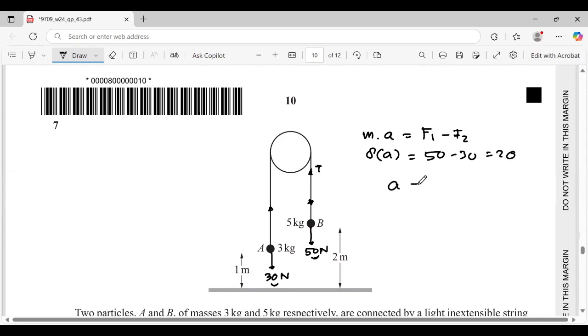So we can determine a through 20 over 8, 2.5 meters per second squared, because it is acceleration.